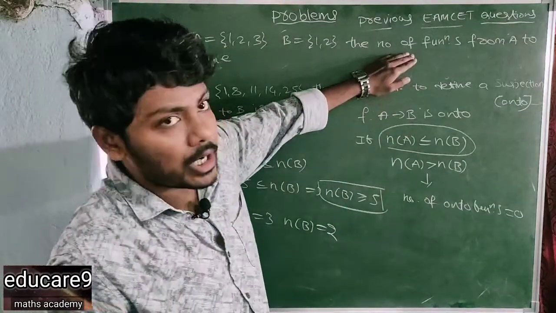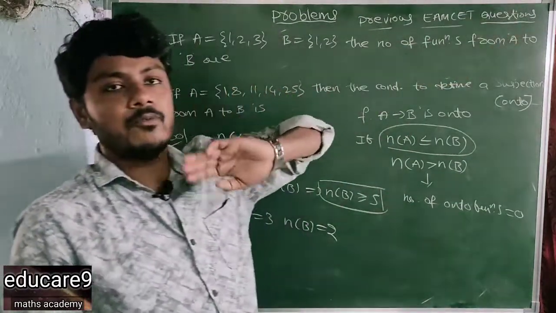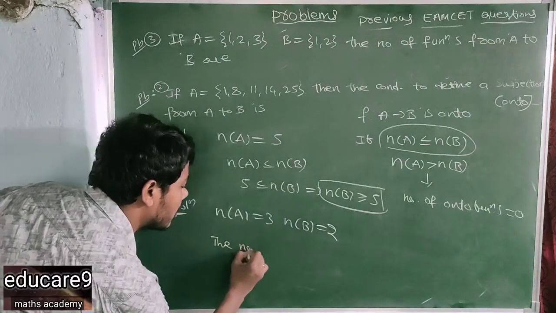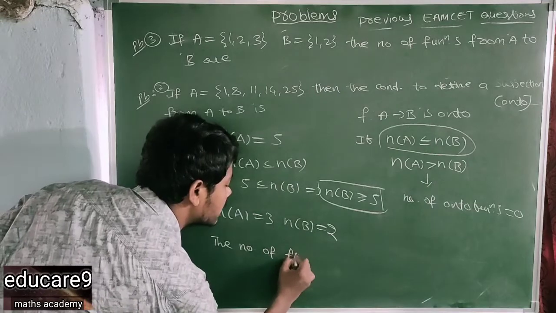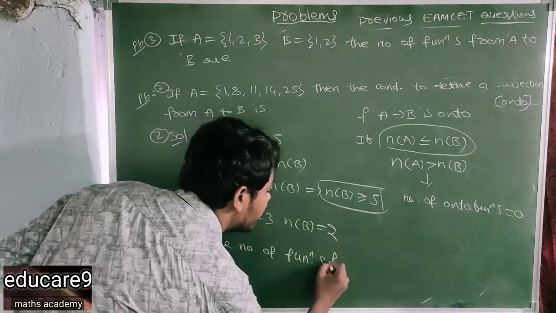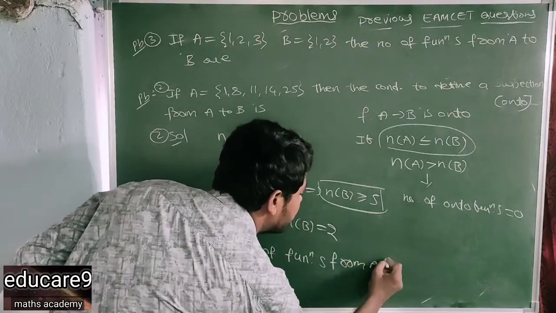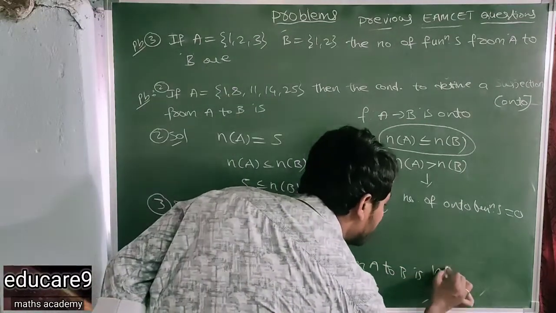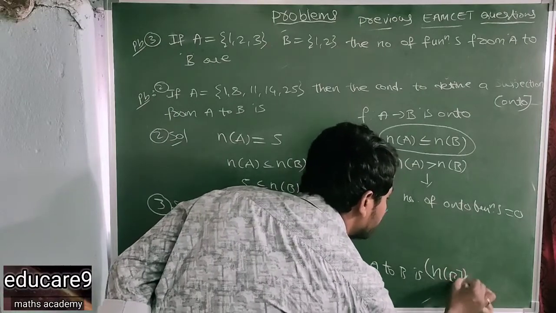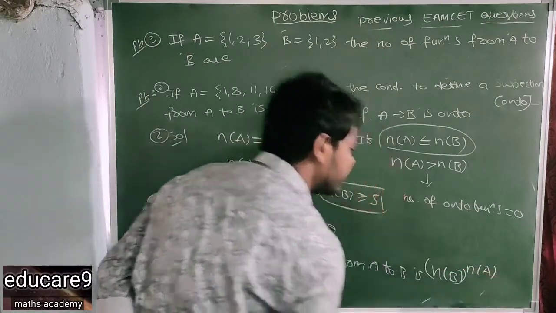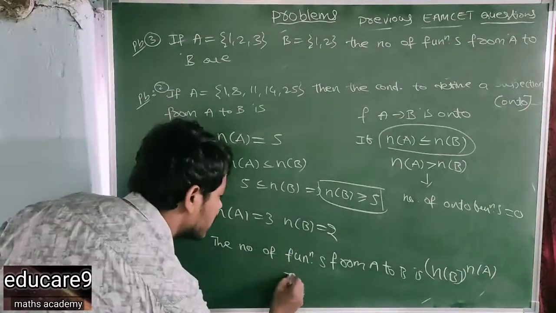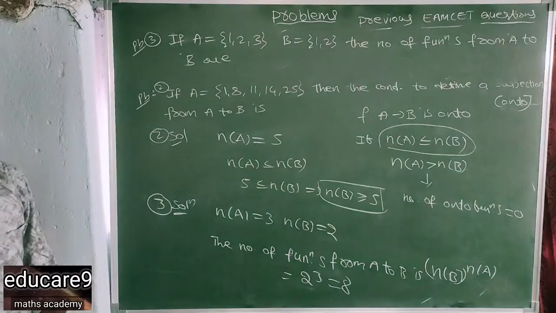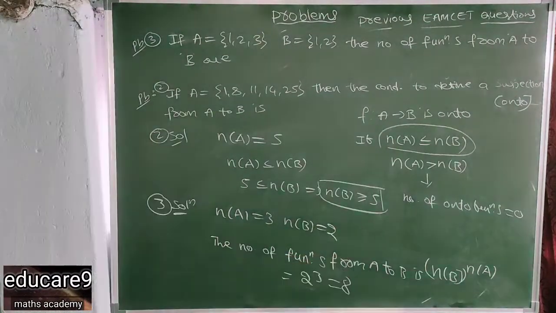Then you want to find the number of functions from A to B. The number of functions from A to B is n of B whole to the power of n of A. So that is 2 power 3. You get 8 functions possible from A to B.